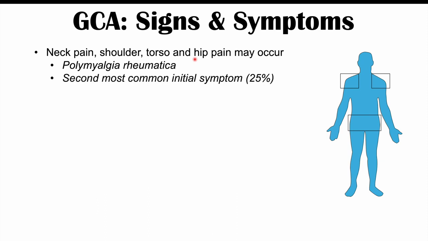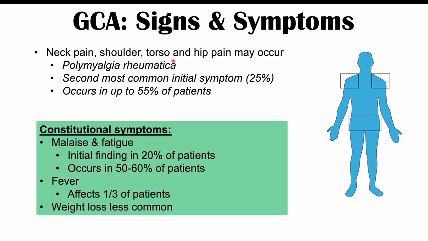So neck pain, shoulder, torso, and hip pain is relatively common. It can occur as an initial symptom in 25% of patients. And as mentioned before, up to 30% of PMR patients can have giant cell arteritis. But if you have giant cell arteritis, up to 55% of GCA patients can have some of these polymyalgia rheumatica symptoms. So again, very important overlap here.